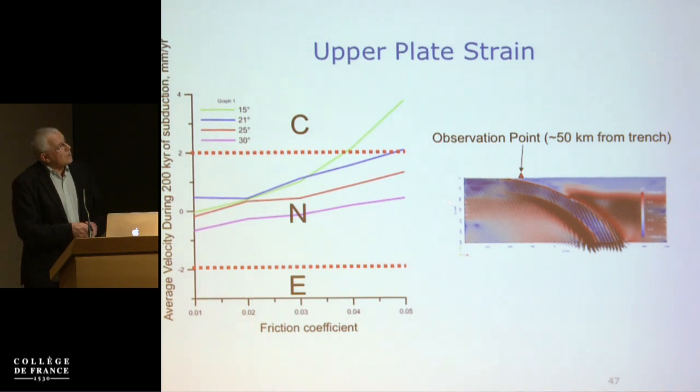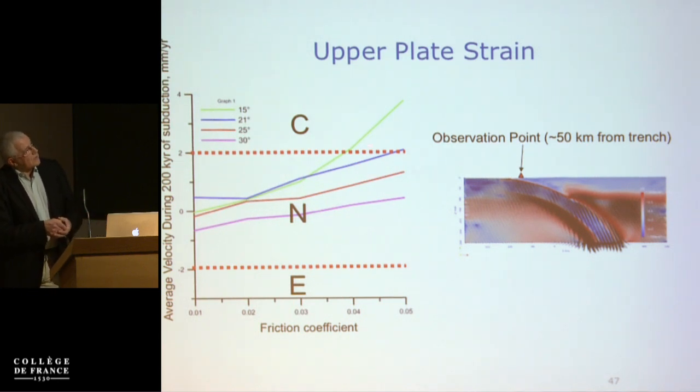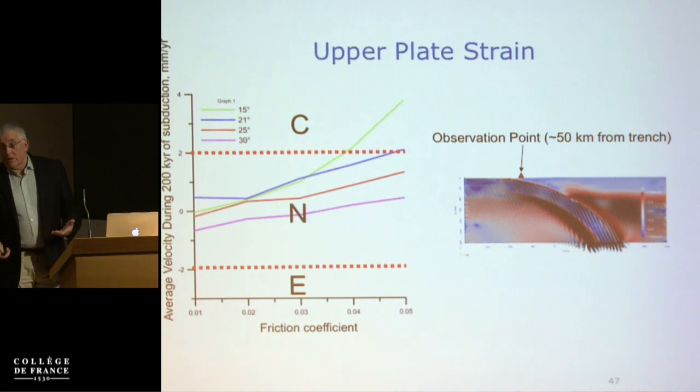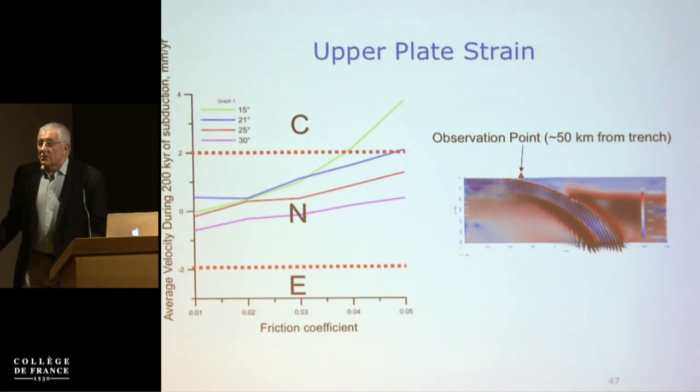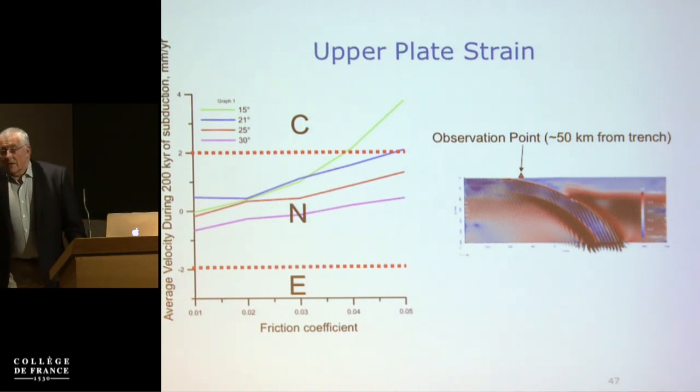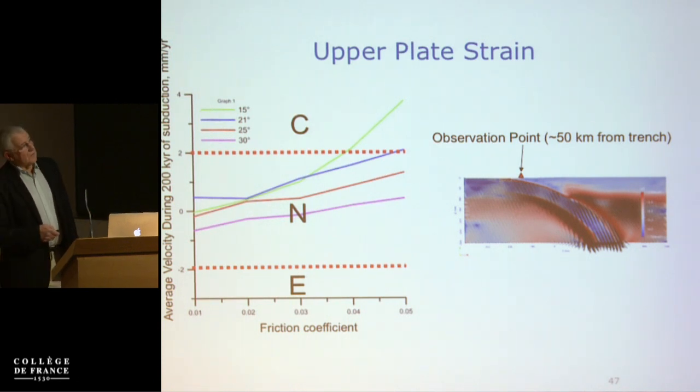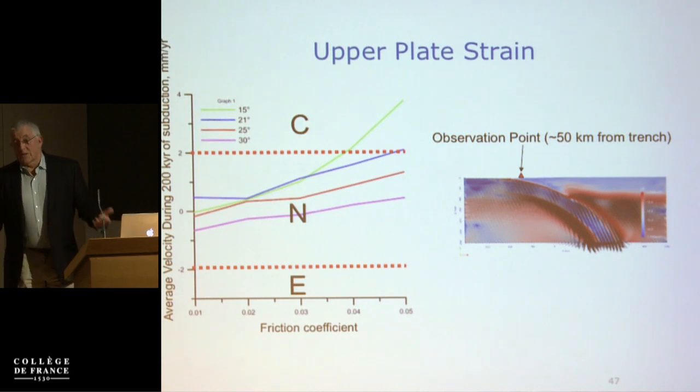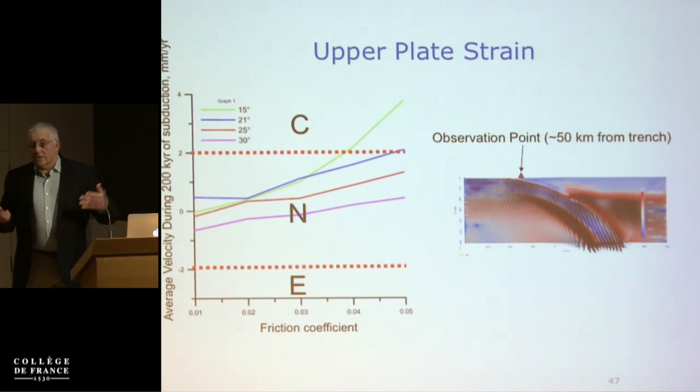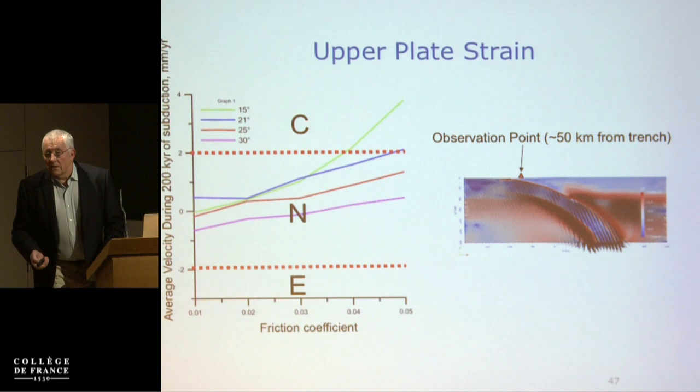And what you see is that in almost all the cases, we have a very, very tiny deformation of the upper plate. And the reason is just very low friction, as simple as that. There is a very low mechanical coupling between the slab and the upper plate, and that's why deformation is low there.